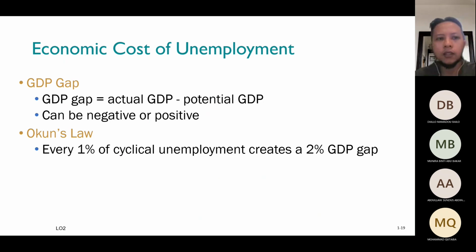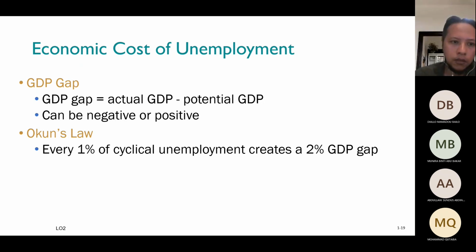Yeah, so there are the economic costs of unemployment. Okay, so when the labor force is not utilized fully, it is as if you have the resources, but you are not using these resources. You have the people who have these skills, but you are not using this. Okay, so it will affect the economy as a whole.